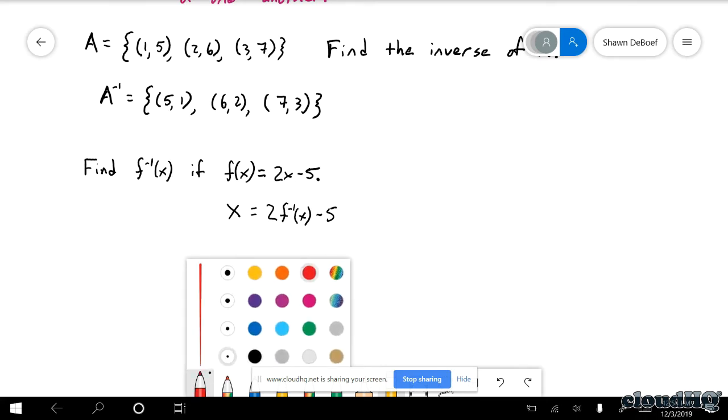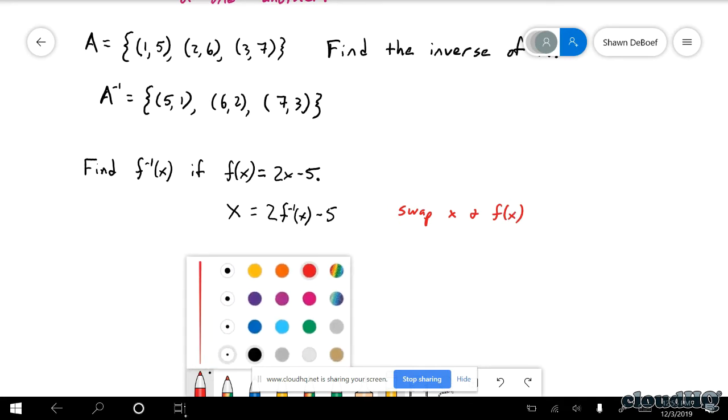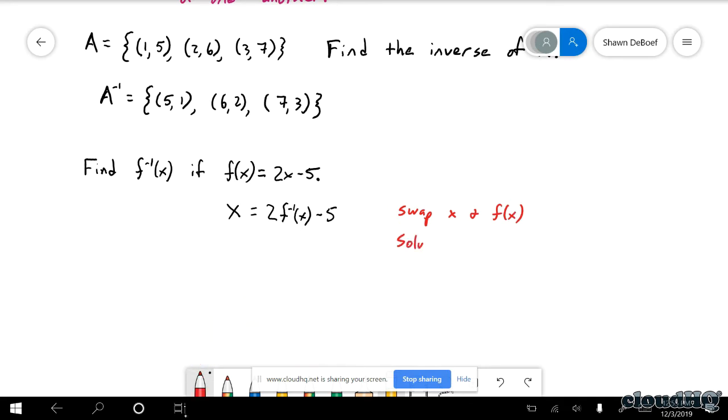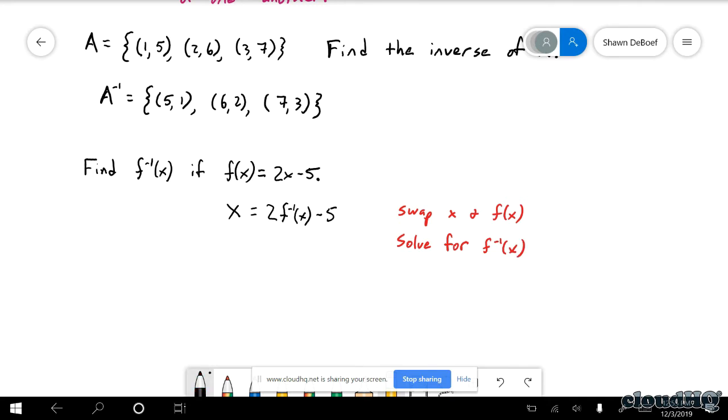So off to the side for your notes, I'm going to solve for f inverse of x. So we got a couple steps here. It looks like I'm going to have to add 5 to both sides.